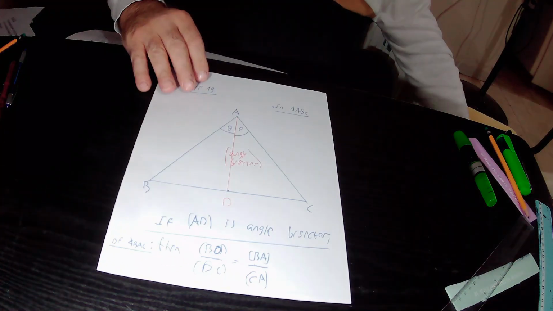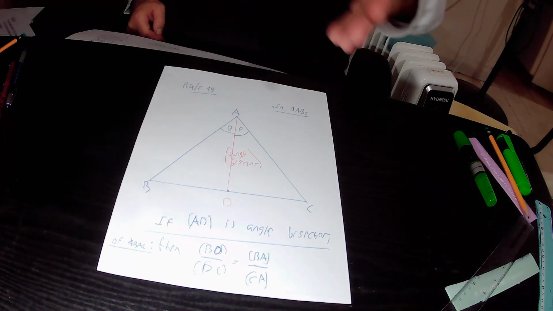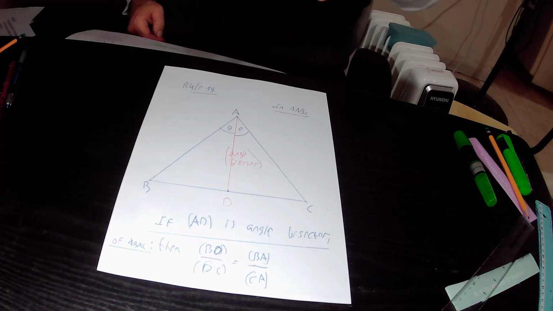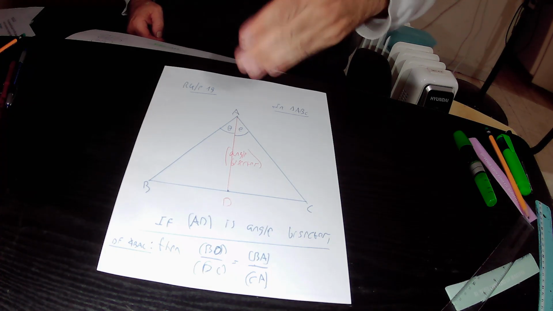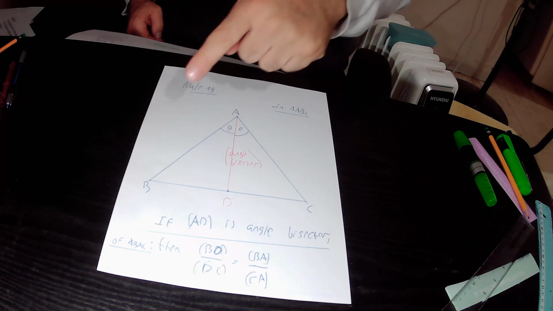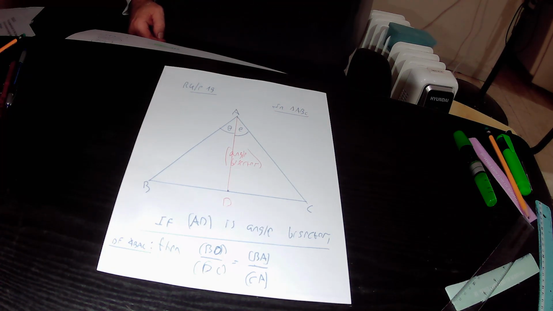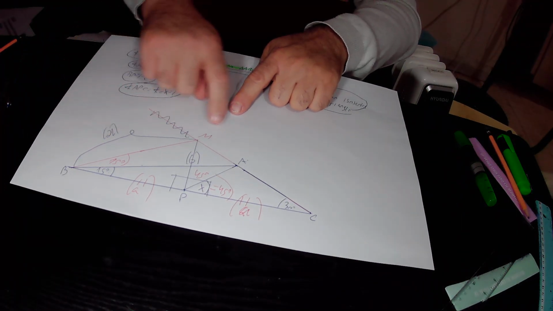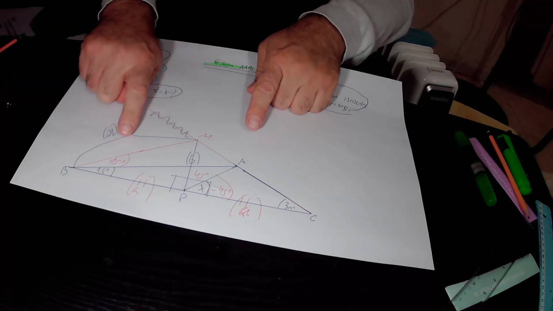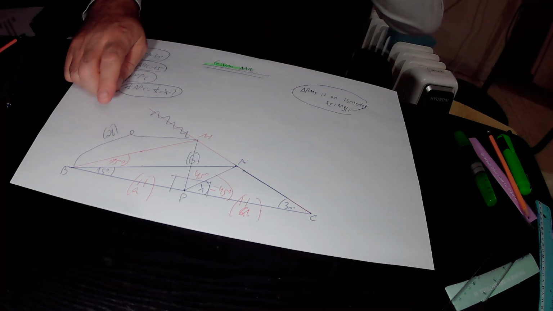The first direction is rule 19, which says that if AD is the angle bisector of triangle ABC, then AD divides the sides of triangle ABC proportionally. That is to say, BD over DC equals BA over AC. So we can definitely implement rule 19 in our drawing. As I mentioned before, in the big triangle BMC, AB is the angle bisector of angle MBC.